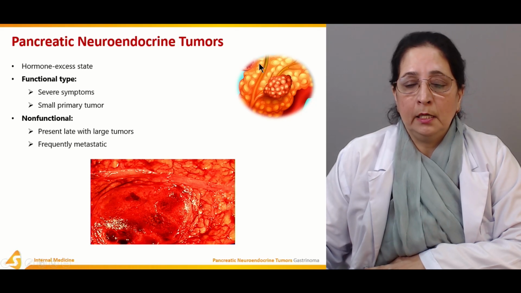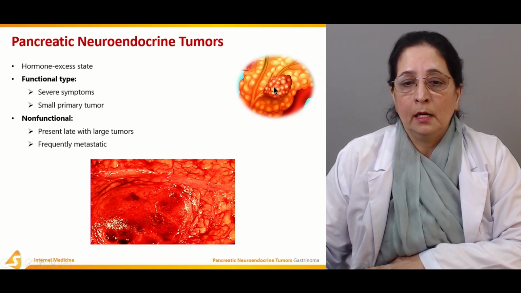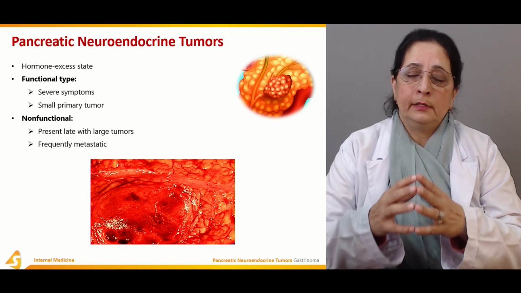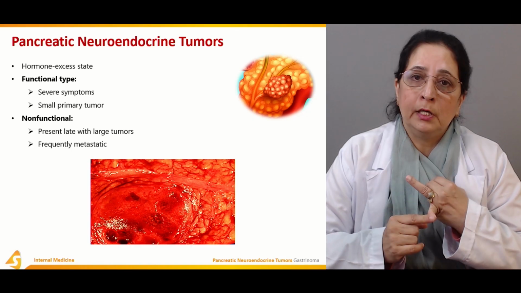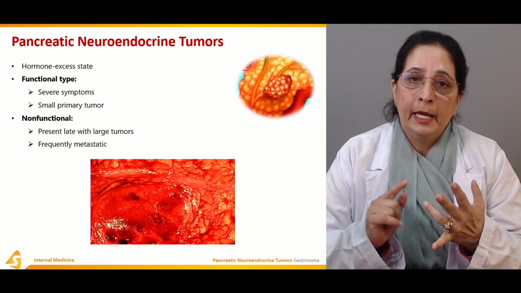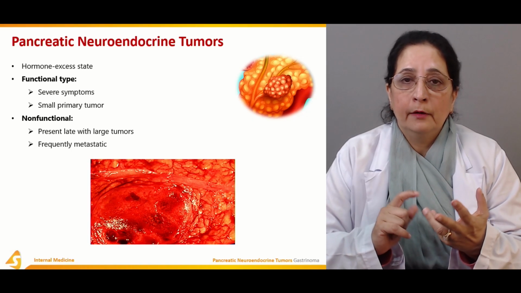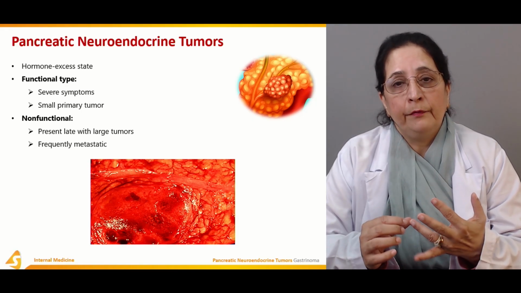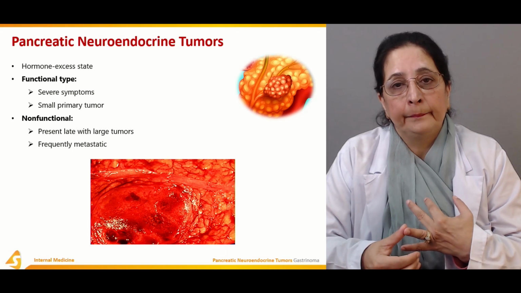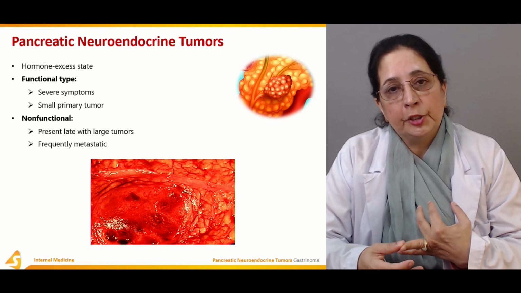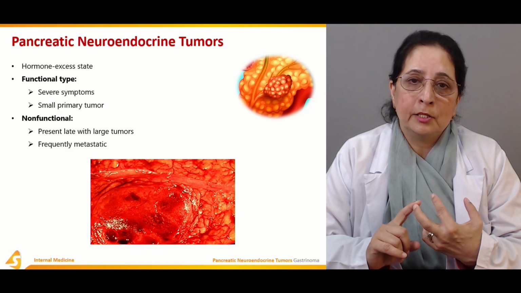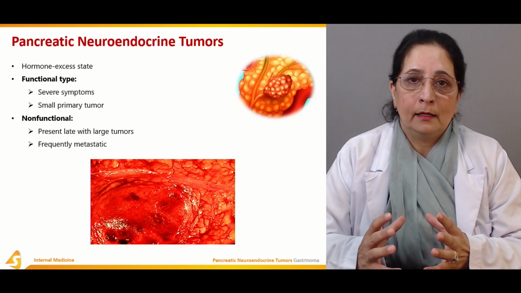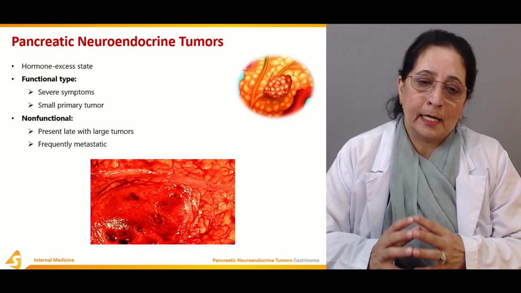So this is the pancreas and there is a tumor in the pancreas. Two important differences: it can be functional or non-functional. Functional ones are associated with severe symptoms and have small primary tumors, whereas non-functional ones present late, and they are large and metastatic.